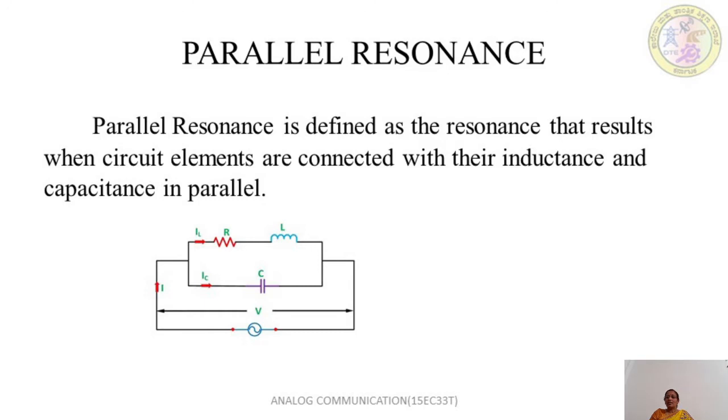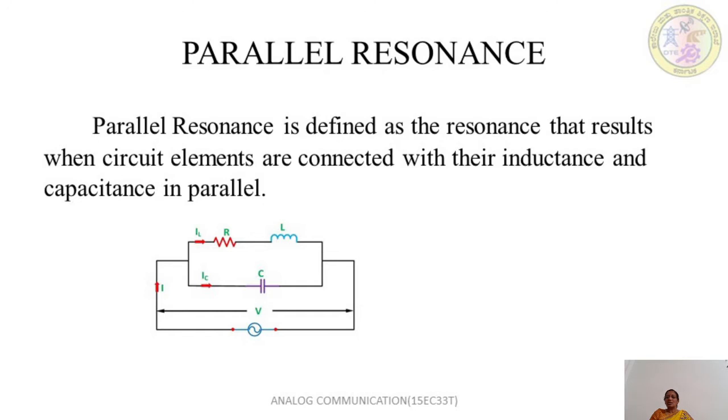Like the series resonant circuit, the parallel resonant circuit also resonates at a particular frequency called the resonant frequency. At this condition, inductive reactance becomes equal to capacitive reactance. But in a parallel resonant circuit, the impedance becomes maximum and the circuit behaves like a purely resistive circuit.